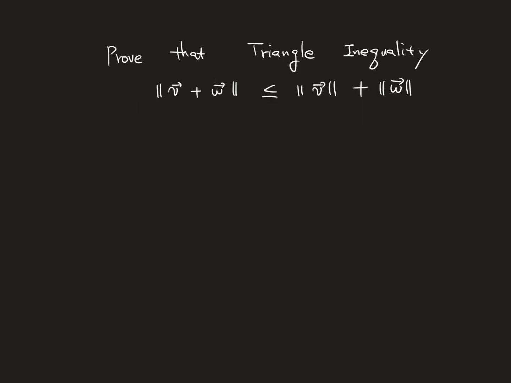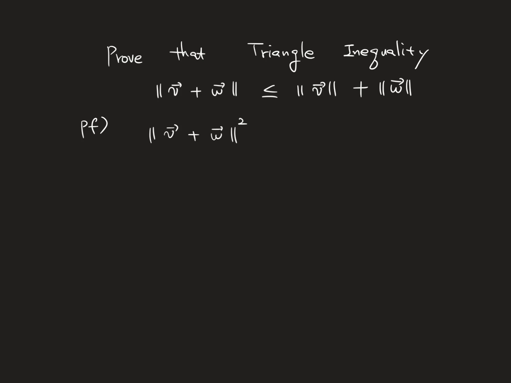We're going to prove the triangle inequality. This is a very famous inequality, using the dot product. The proof starts with this term, the norm square, because usually the norm of a vector includes the square root.